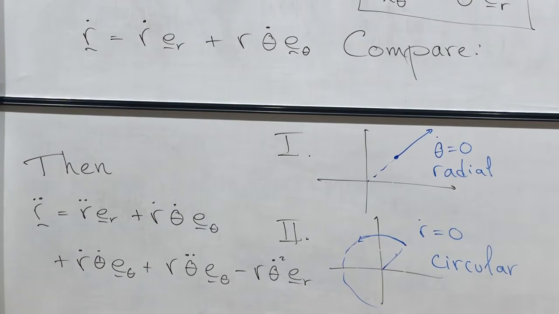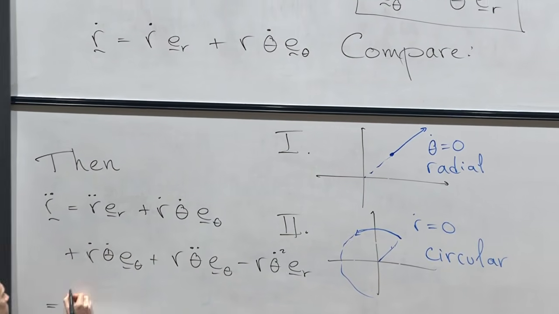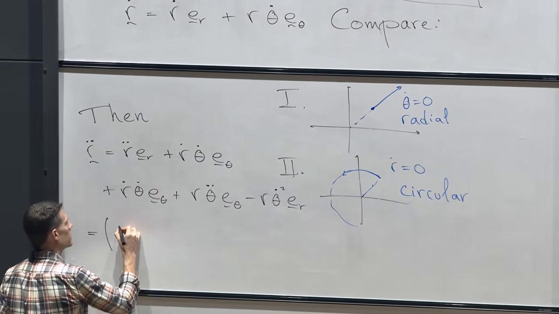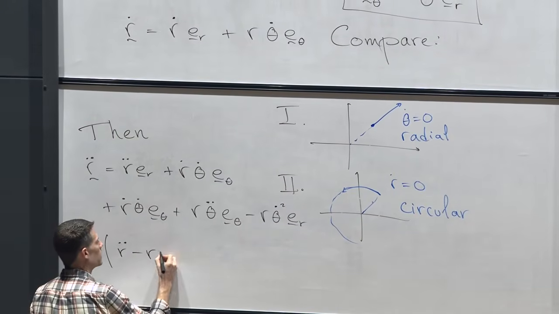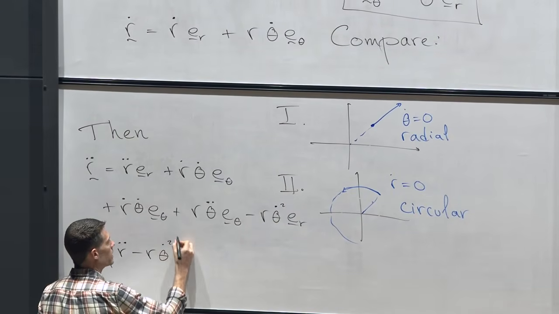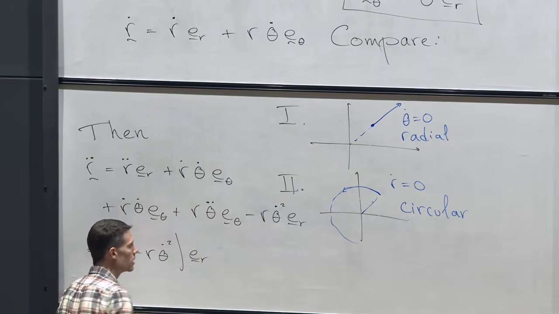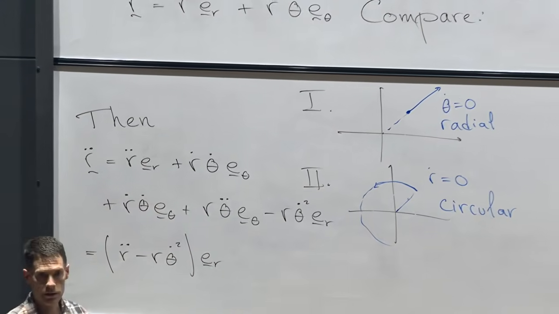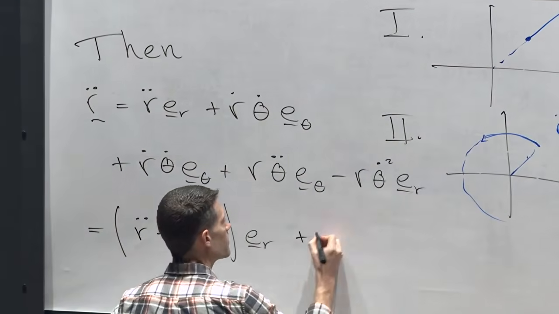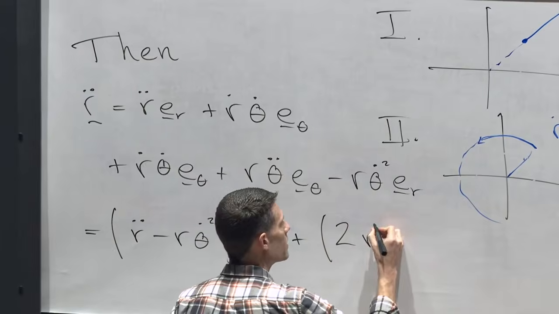Or collecting those into the two basis vectors, we have r dot dot minus r theta dot squared er, and then the e theta has two r dot theta dots and an r theta dot dot.